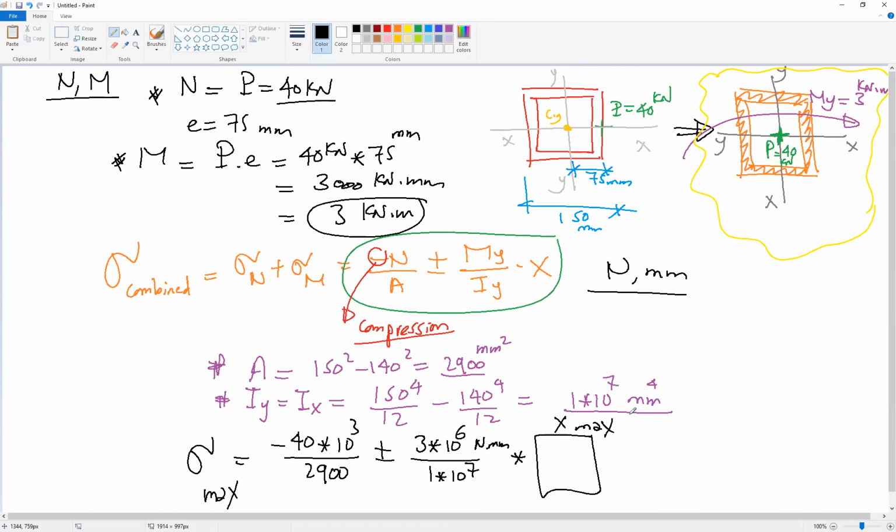What is X max? X max is the farthest distance from the centroid on the section. So if this is the centroid CG, any point on this line or this line will be the maximum stress. Okay, but because the moment is causing compression in this side and tension in this side, the maximum compression will be expected in this area.